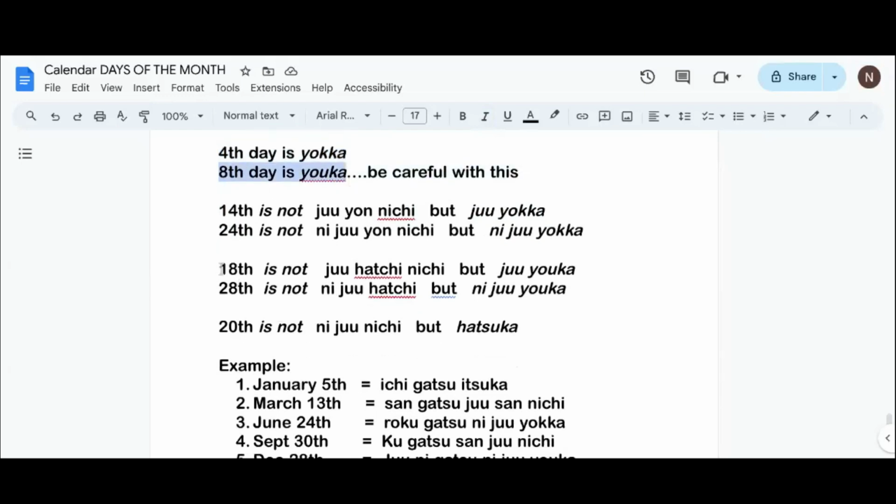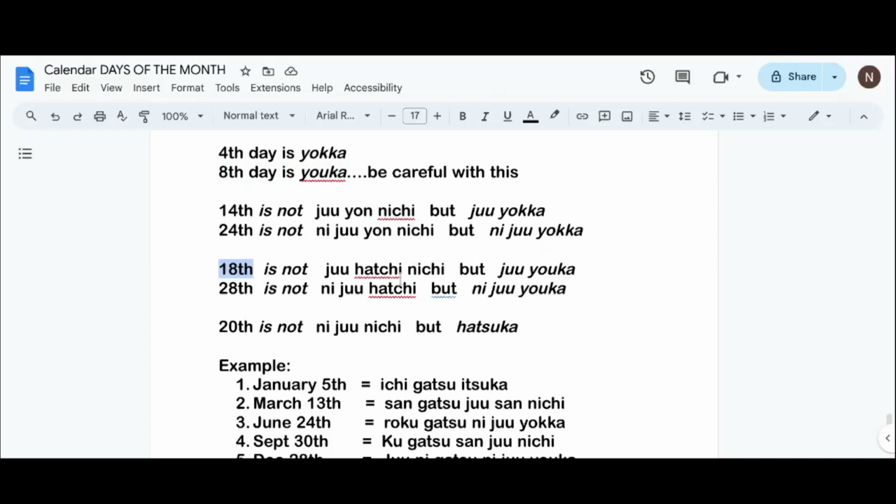Now for the 18th, it is not ju hachi nichi, but they can also understand ju hachi nichi. I'm just telling you the proper one. It can be ju hachi nichi also, or ju yon nichi, it's the same.